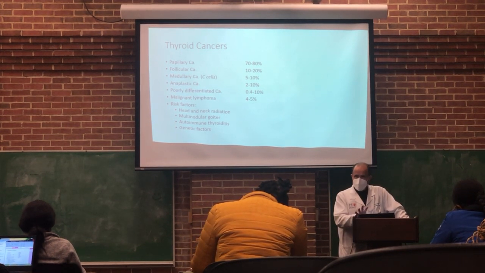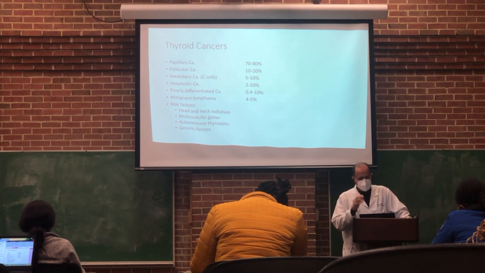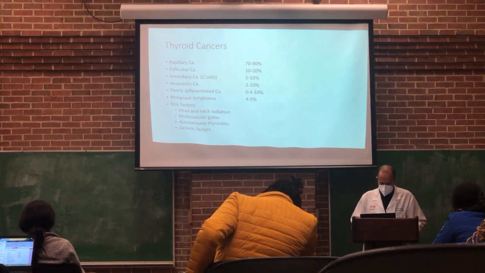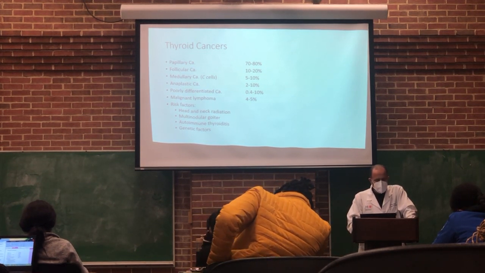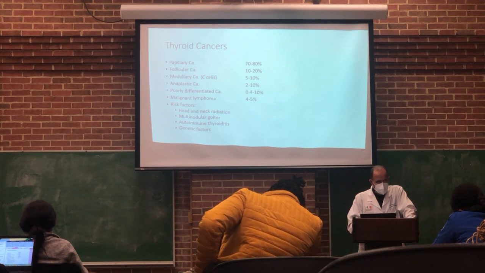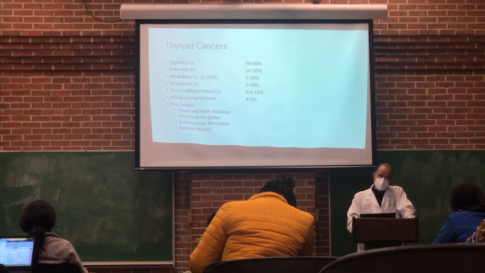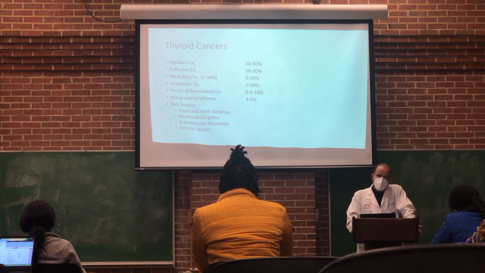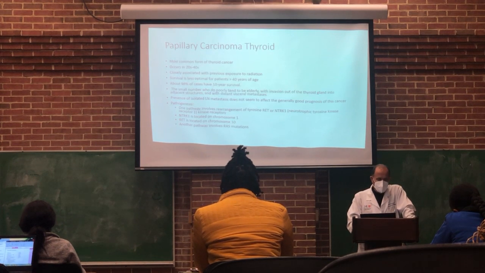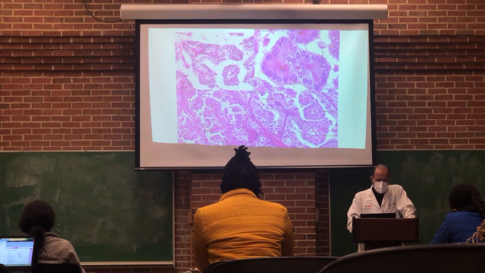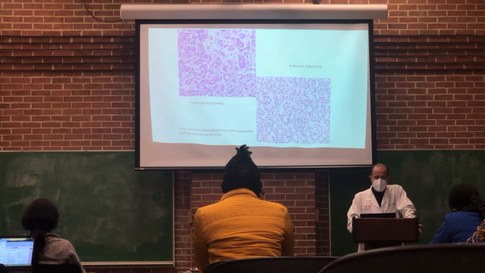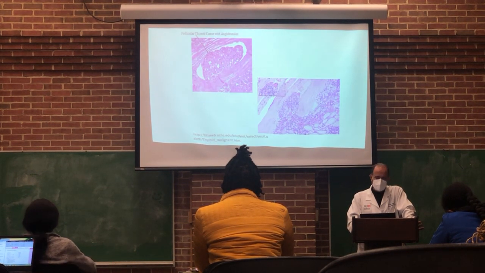When we talk about follicular adenoma or follicular carcinoma, please keep that in mind. Yes, of course. So adenoma is benign too. So that's what they are expected to know about these tumors.